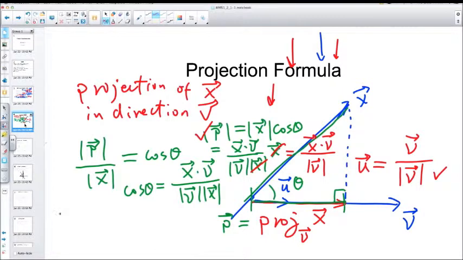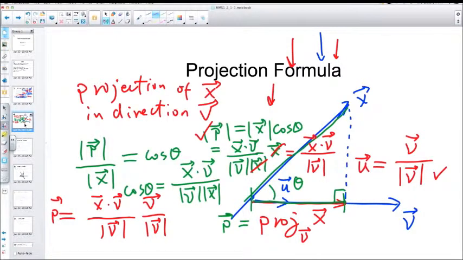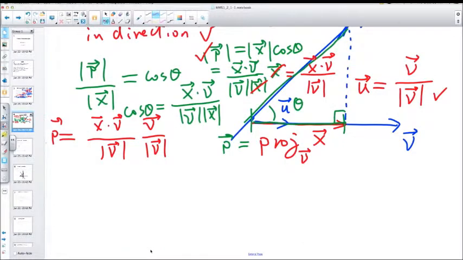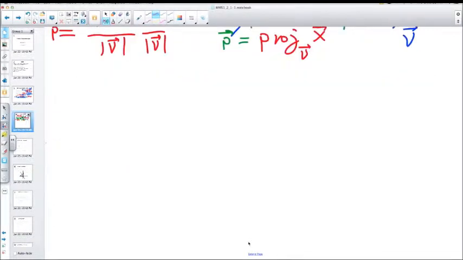So remember this. We just multiply the magnitude by the unit direction. It's a little bit complicated. So this p is going to be the magnitude multiplied by the unit direction. Looks terrible? Not too bad. Okay, let me rewrite.